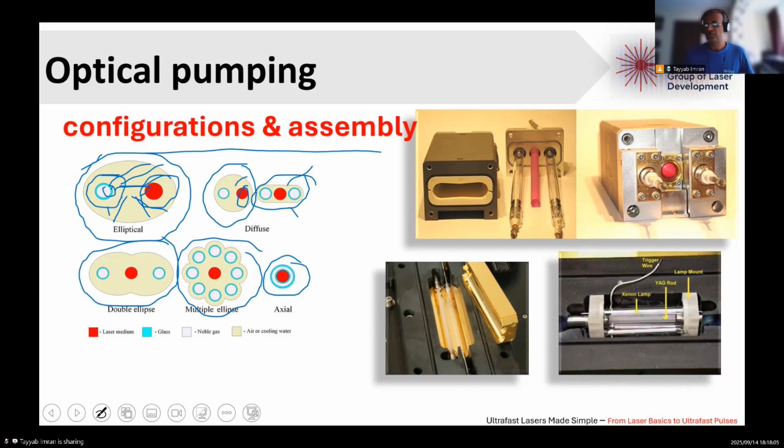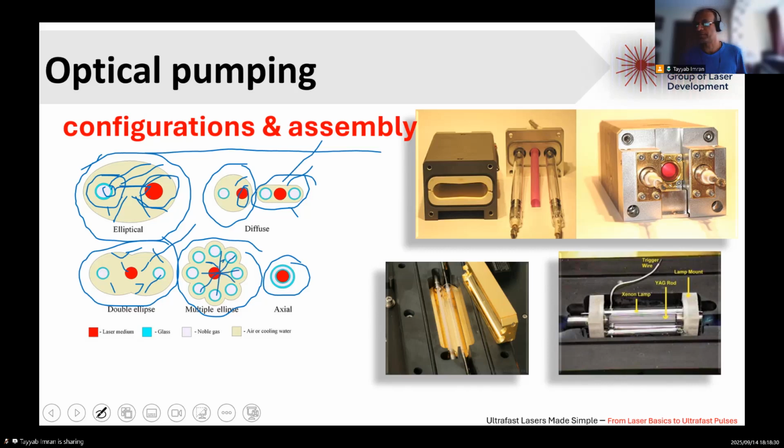It's a more condensed arrangement. The light from both sides concentrates on the center, which is the laser medium. Since it's an ellipse, the light is reflected from both sides and concentrates here. Similarly, there are multiple flash lamps, so all the light is concentrated here.